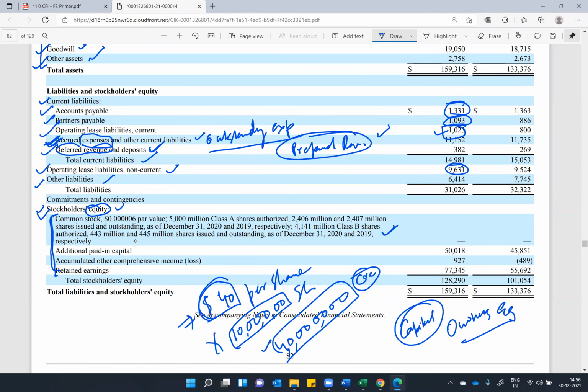But this $40 per share will have some sort of par value, which can be a very small number. As you can see, the common stock has a par value of such a small number, 0.000006 into these 10 lakh shares.